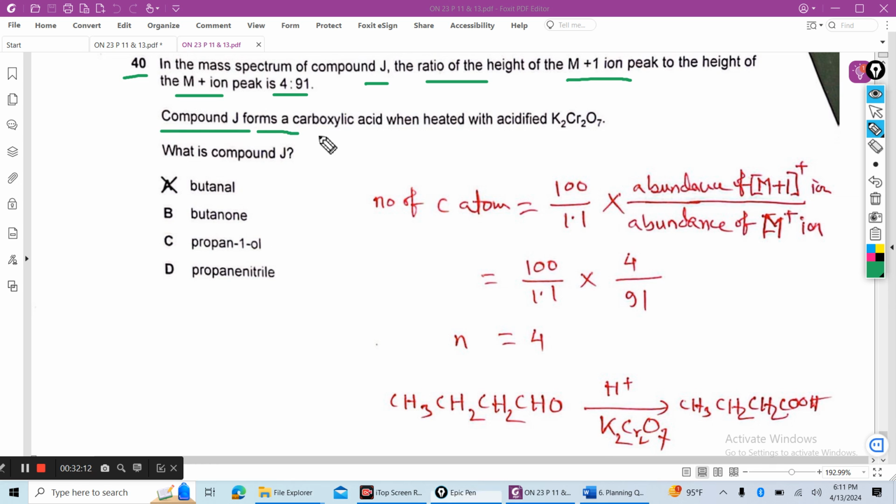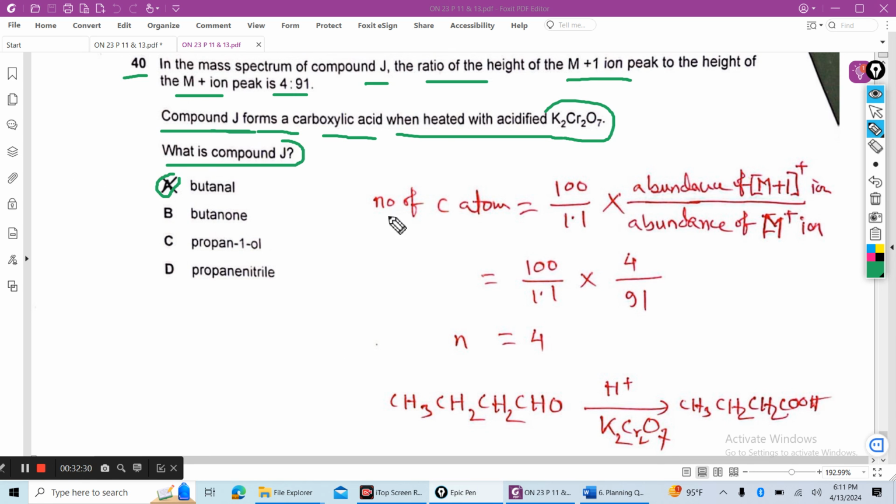Compound J forms a carboxylic acid when heated with potassium dichromate. That means compound J will be an aldehyde or primary alcohol because it forms a carboxylic acid. What is compound J? Answer will be butan-1-ol. Now why butan-1-ol?